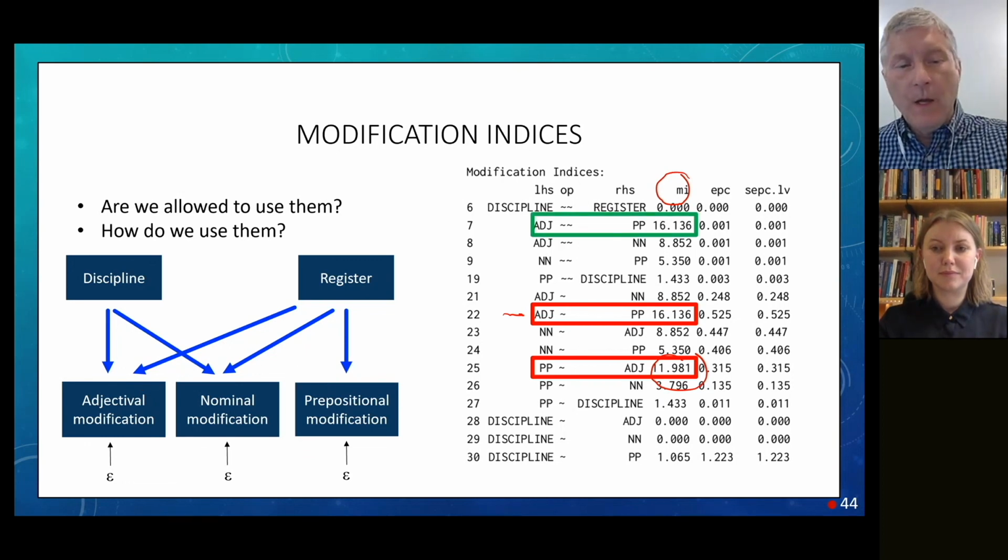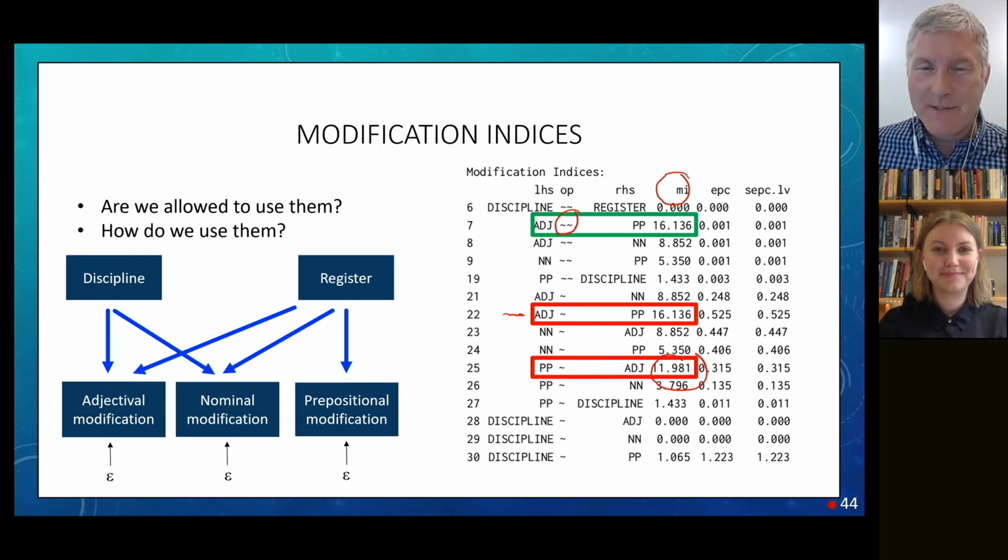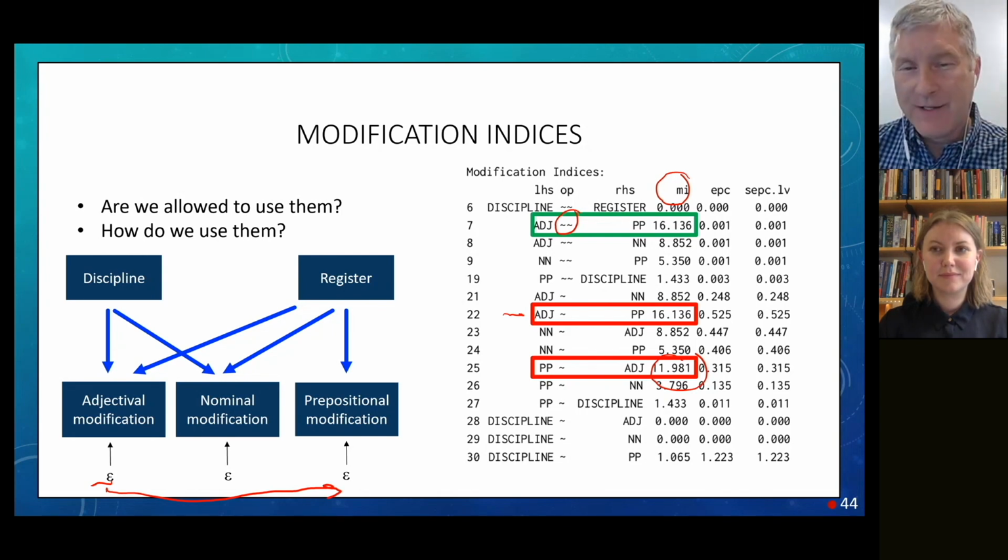Modification indices also say, and again, if you start to get familiar with Lavaan, two tildes, two squigglies, means that the residuals, the errors between those two things, covary. In other words, if there were common external forces influencing both adjectival modification and prepositional modification, then that would improve the model by about 16 chi-square units.